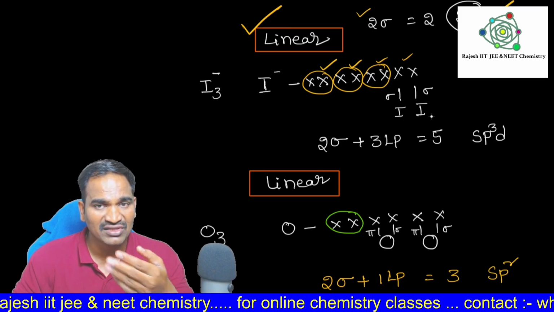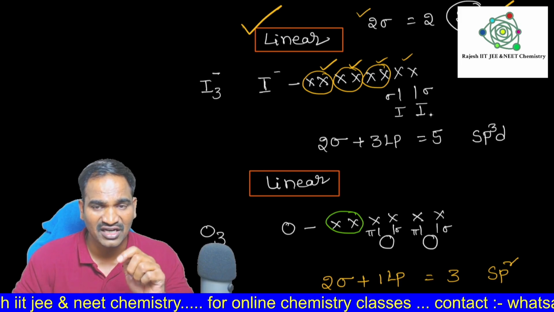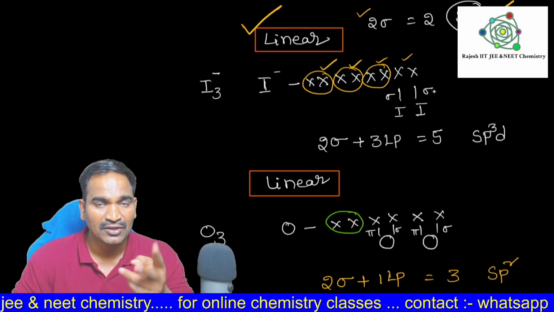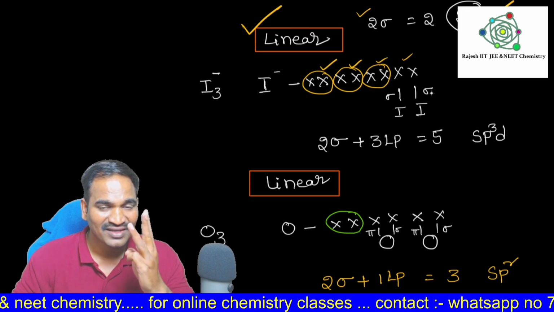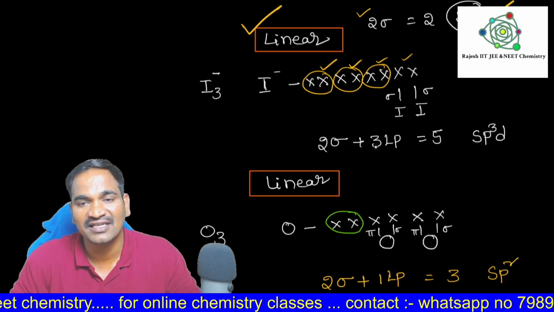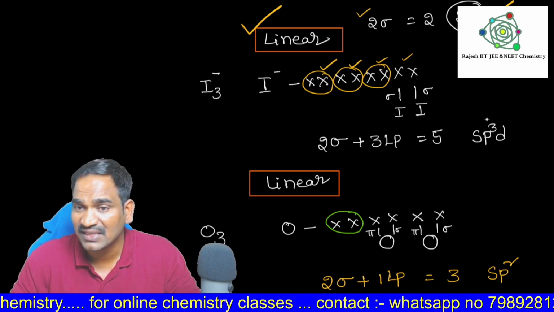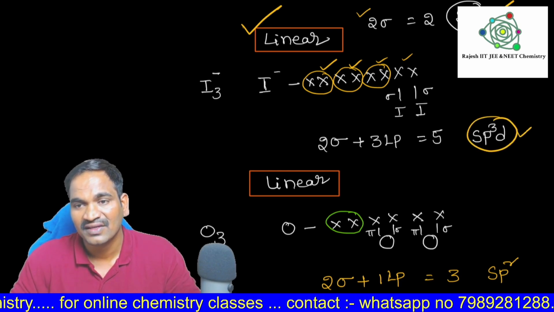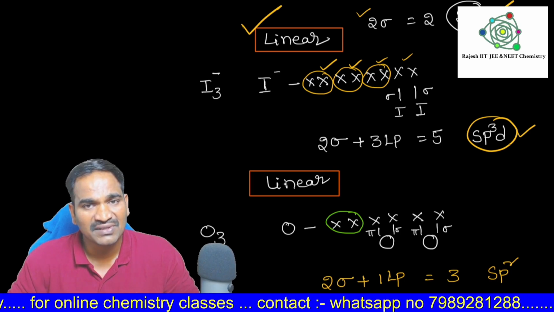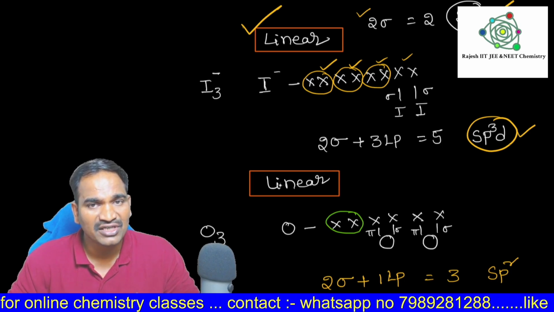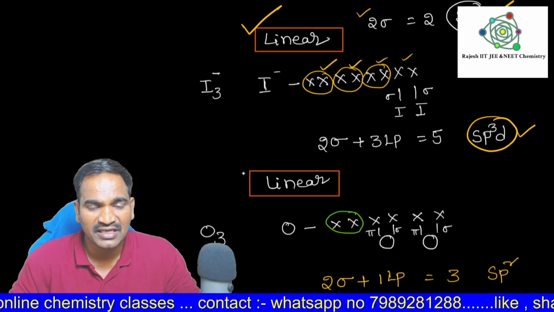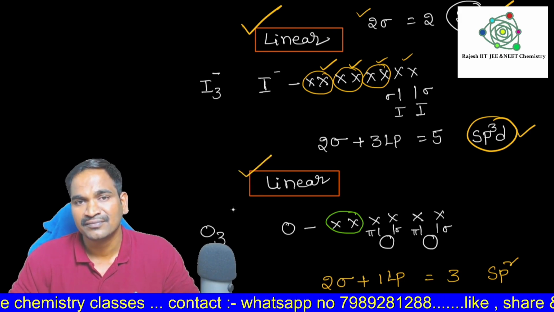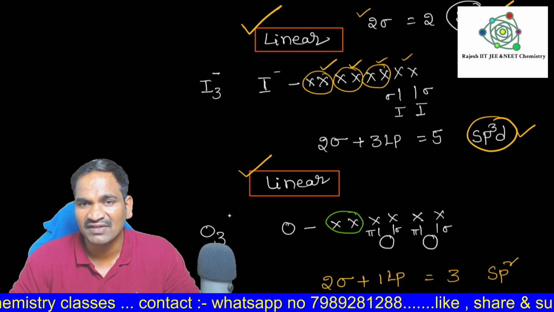The second iodine is bonded with another electron of the central iodine. It forms a sigma bond. 2 sigma bonds, 3 lone pairs. 2 plus 3, what? 5. 5 means what? sp3d. Even though it is sp3d, here bond pairs are only 2 and its geometry is linear. Okay, linear geometry it has.